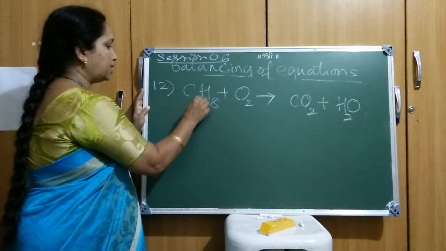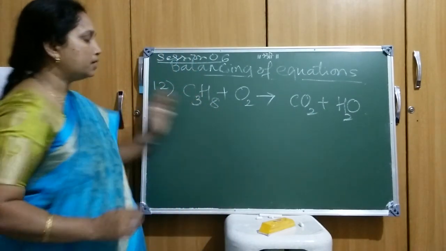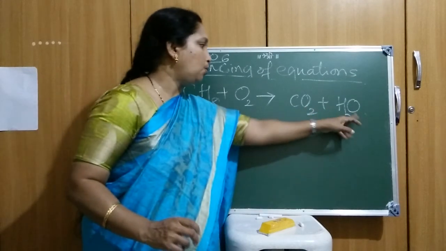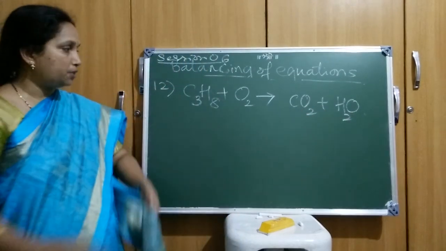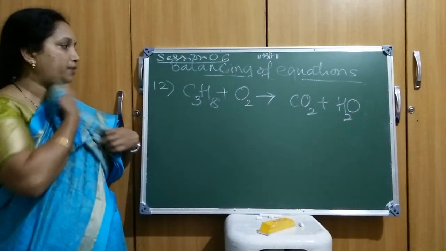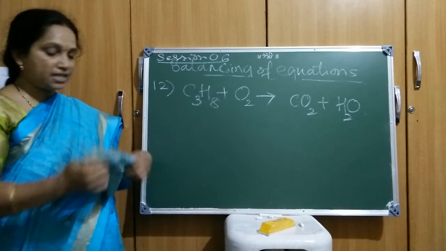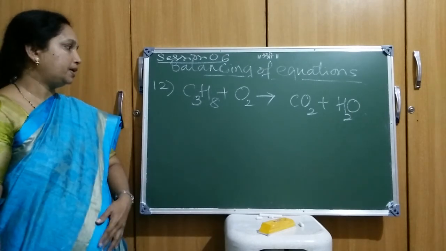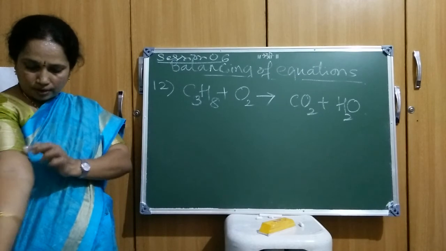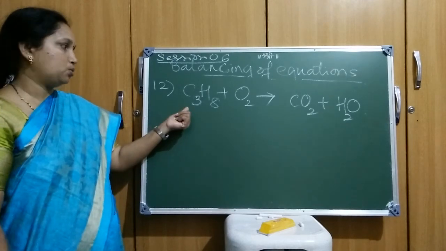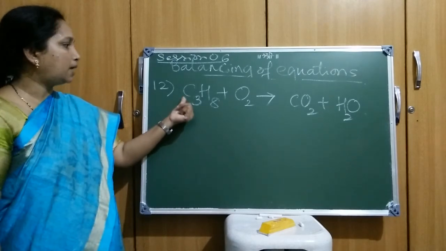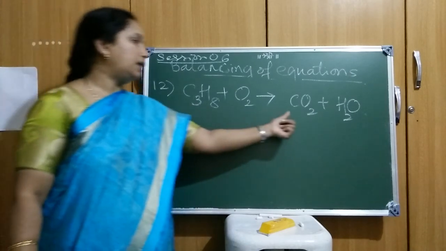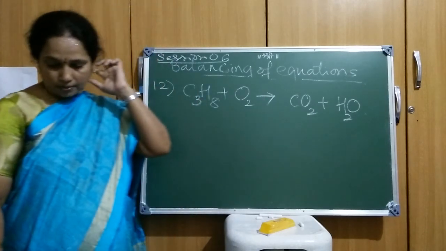As you can see, C3H8 is there, CO2 and H2O are going to form. So first you can go for either the balancing of hydrogen or the balancing of oxygen, right? Okay, and even if you go for the carbon, 3 carbon are there, and on the right hand side only 1 carbon is there.